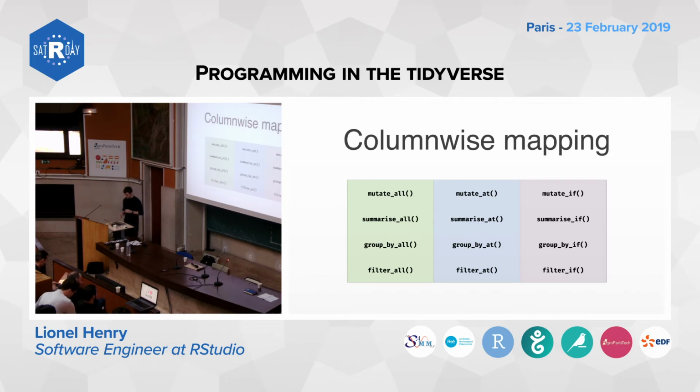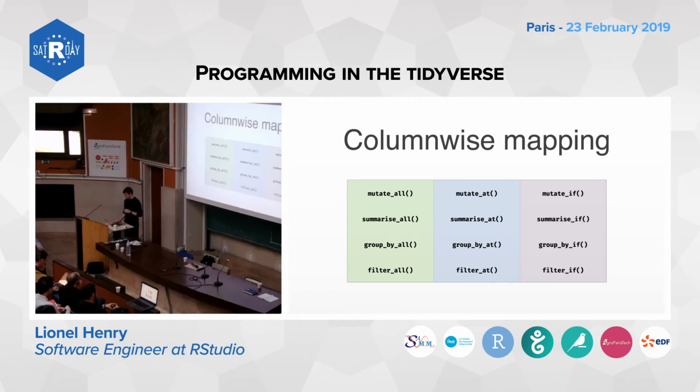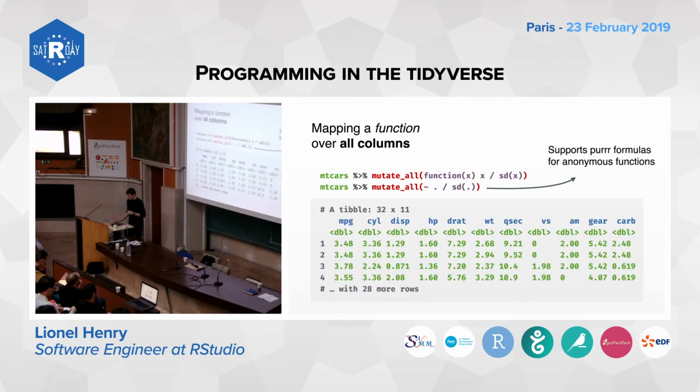This is the set of scoped variants that we have. So across the columns, we have the 3 variants, all, at, and if. And then across the rows, we have the main dplyr verbs. So for example, we have mutate_all, mutate_at, and mutate_if. So mutate_all allows you to map a function over all columns.